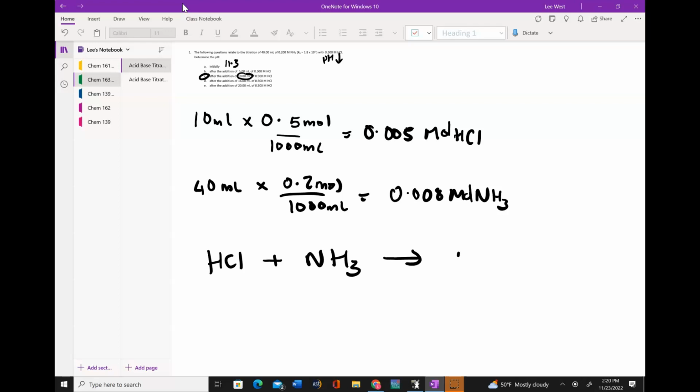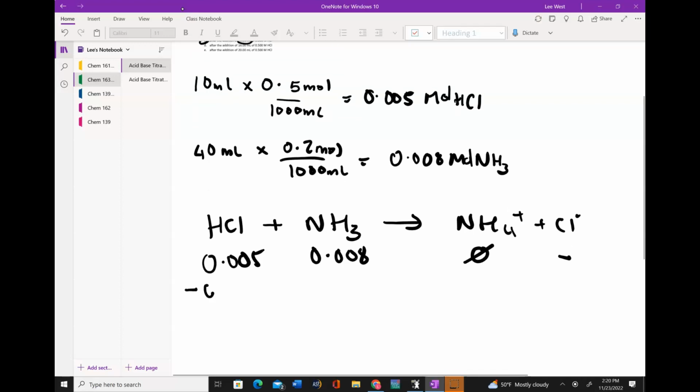So what's going to happen is that these guys are going to react like so, and I'm going to have 0.005 of that reacting with 0.008 of that. That originally will be 0. This is irrelevant, so this is going to get all used up.